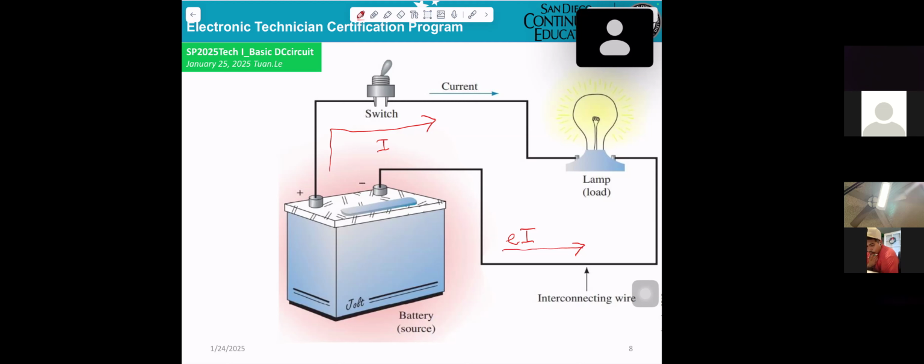So now you turn on the light, okay? Then you can see your light. Turn it on. If you touch it, you feel it's a little hot. See what happened? What is it here?